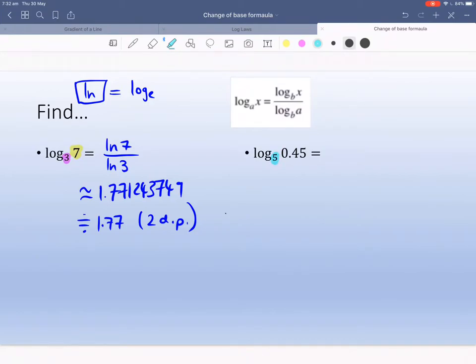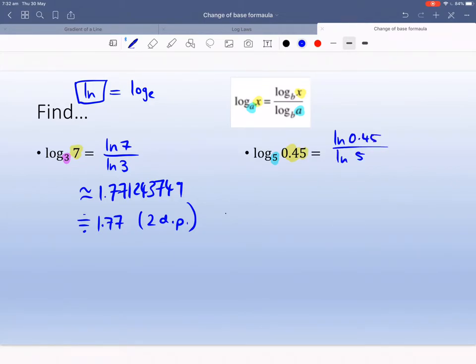Our 5 is A, and A is at the bottom, isn't it? Our 0.45 is X, and X is at the top, and I'm going to use my log to the base e again.